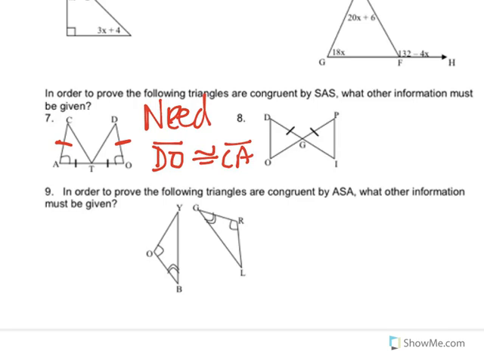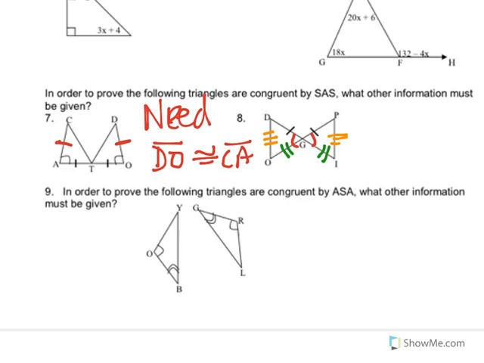Now let's look at the next one. On this one, we have a side shown as congruent. We also know from this that these two vertical angles are congruent. So the other side that we're going to need is this one right here, because this end side right here is not going to help you, because that would give you side, side, angle.